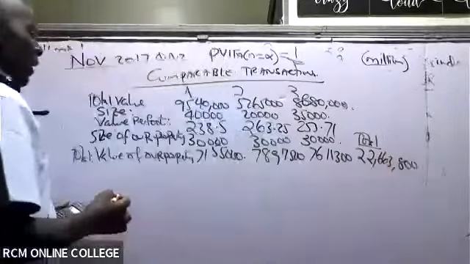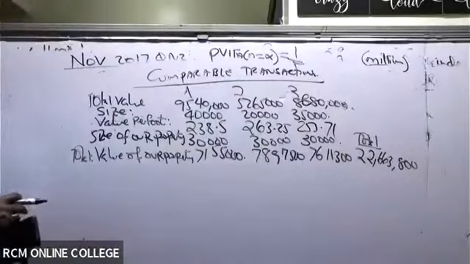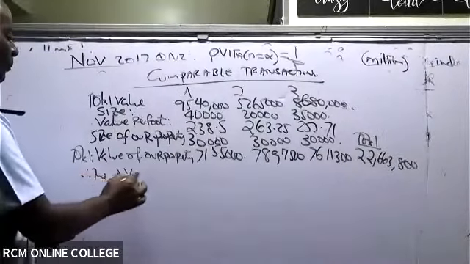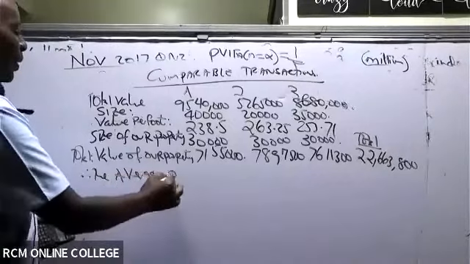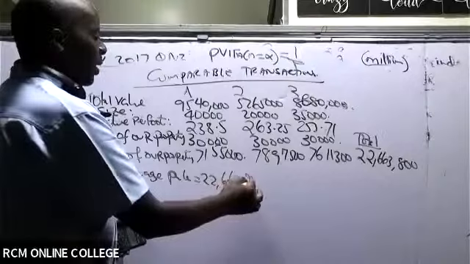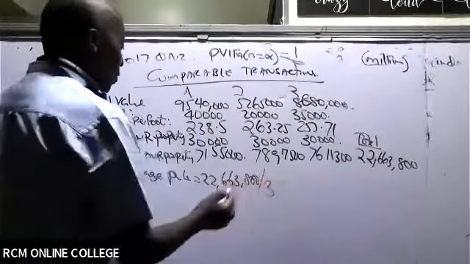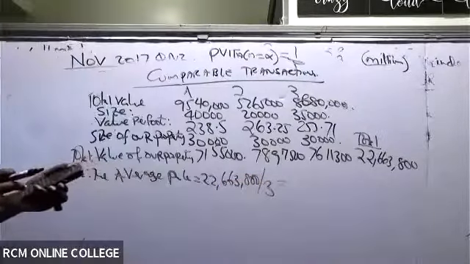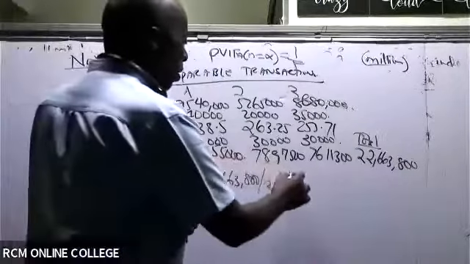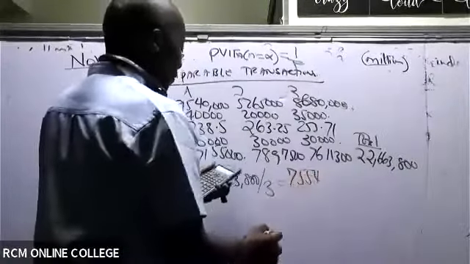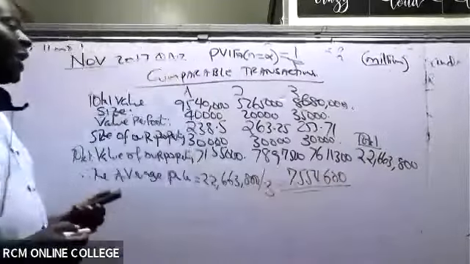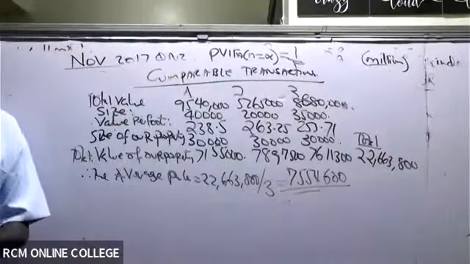And therefore, the average price will be 22,663,800 divided by 3 properties, which we've been able to compute, which gives us 7,554,600. So we value your property at that amount.